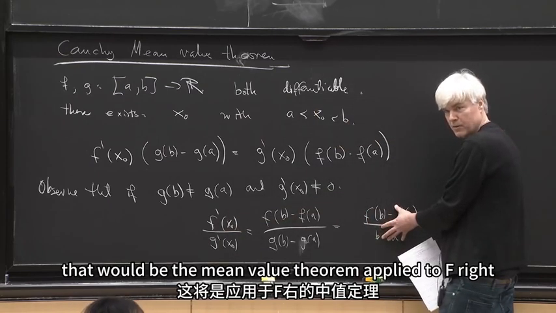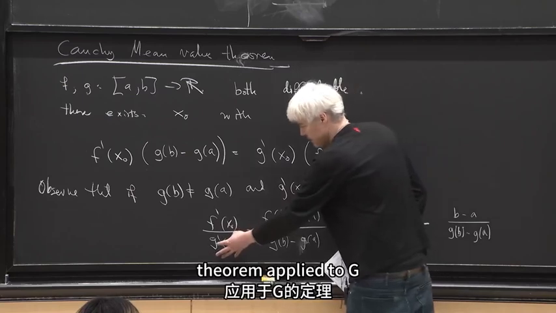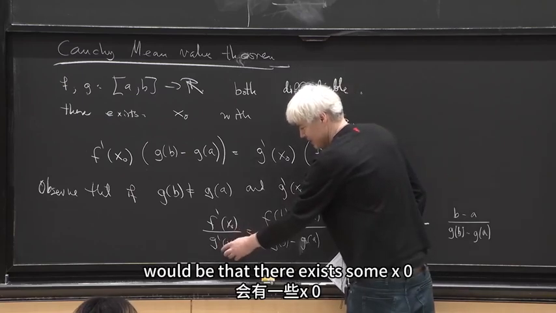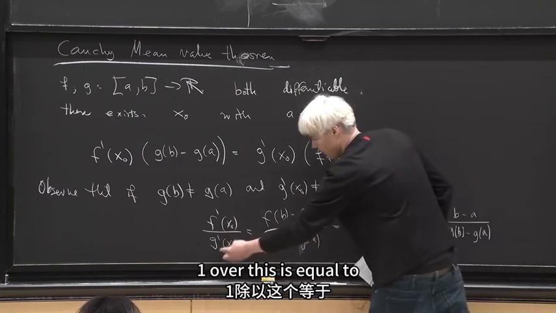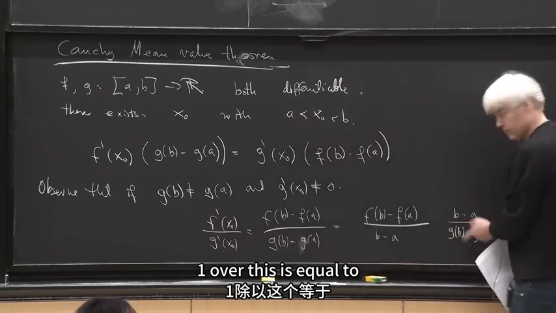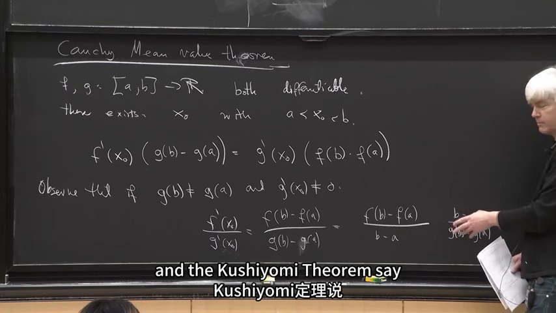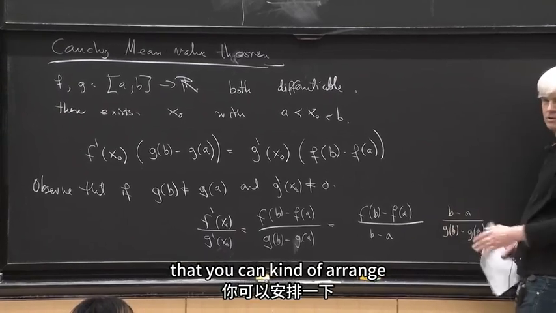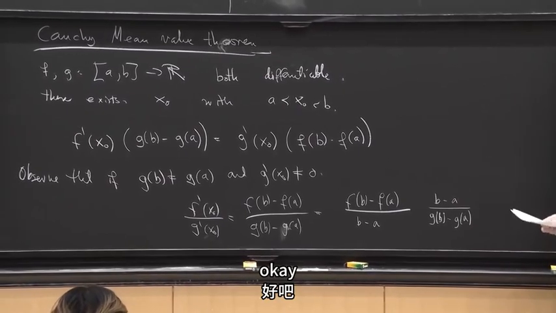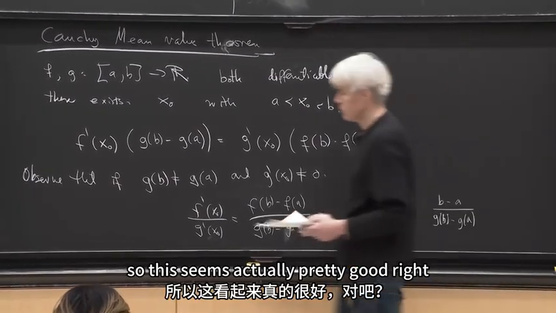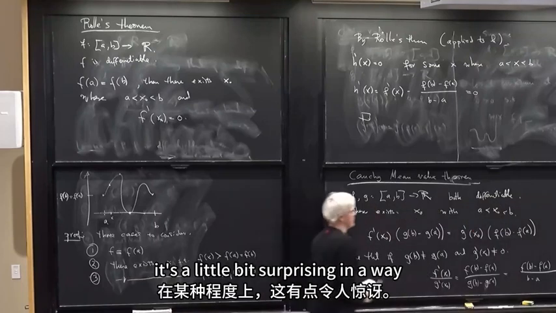That would be the mean value theorem applied to f. And the mean value theorem applied to g would be that there exists some x0 so that 1 over this is equal to this thing here, right? And the Cauchy mean value theorem says that you can arrange so that both of these things happen at the same time. Okay? So this seems actually pretty good, right? I mean, you can do it at the same time. It's a little bit surprising in a way.